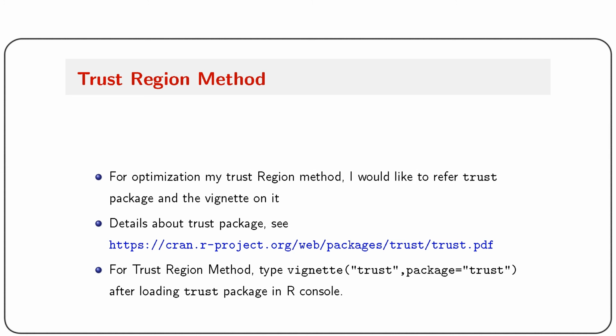The details of trust are in this location. You just click over there, you will enter that website and get this PDF file. The PDF file gives you all the details of implementation of the trust region method in R. Hope that will help you to understand or learn the trust region method. I am not discussing much over here.